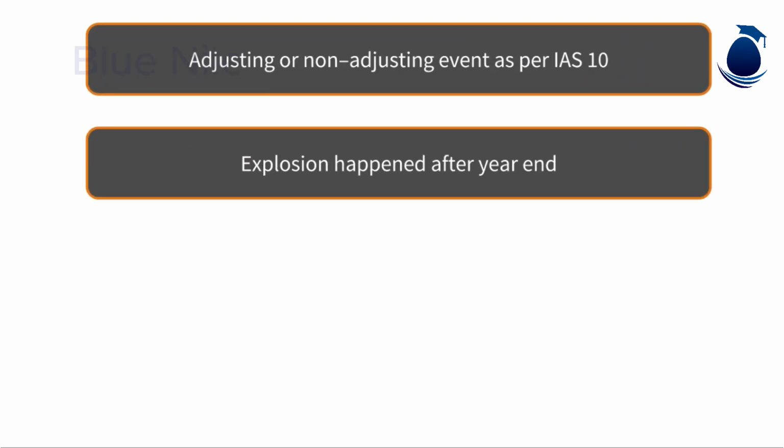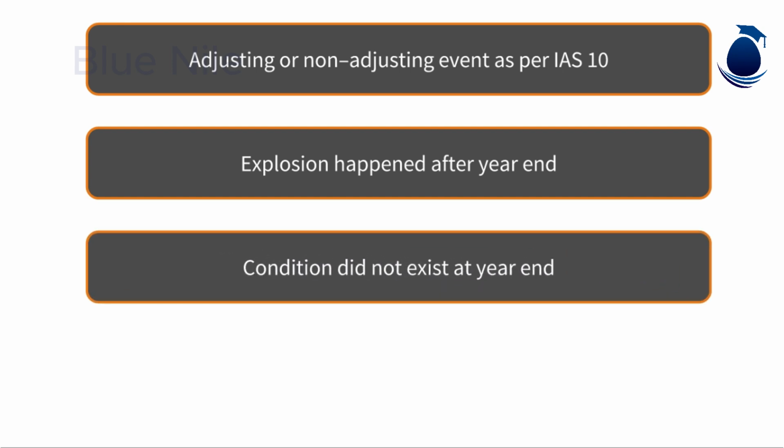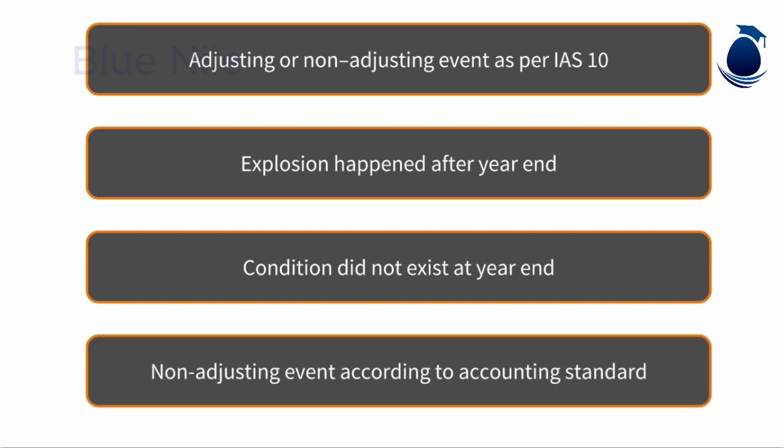The explosion happened after the year-end towards the end of May. At the year-end, the inventory and property, plant and equipment were not damaged. Therefore, the condition did not exist at the year-end. This concludes that this is a non-adjusting event according to the accounting standards.